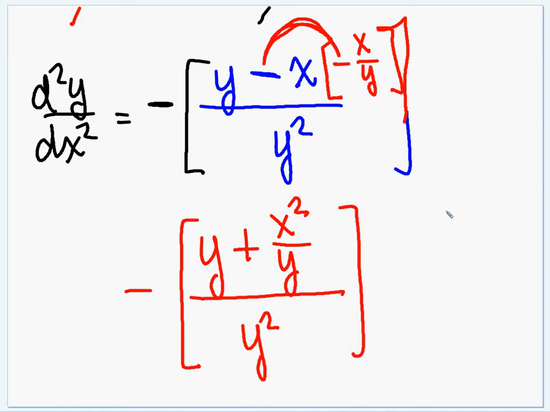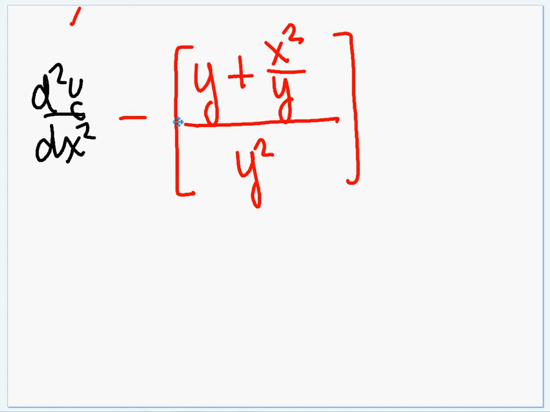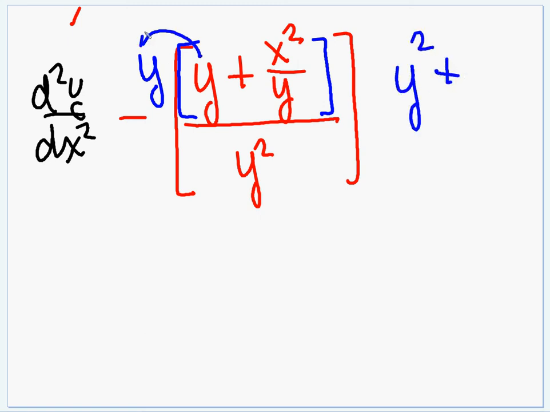Okay, so our second derivative is getting there, but it still has some work to do. Usually we don't leave fractions within fractions. And notice in our numerator here, we do have a denominator. So if we distribute a y through the numerator, we can get rid of that. So y times y here is going to be a y squared. Plus, when we distribute here, we'll have a y in the numerator that cancels, so that just becomes an x squared.